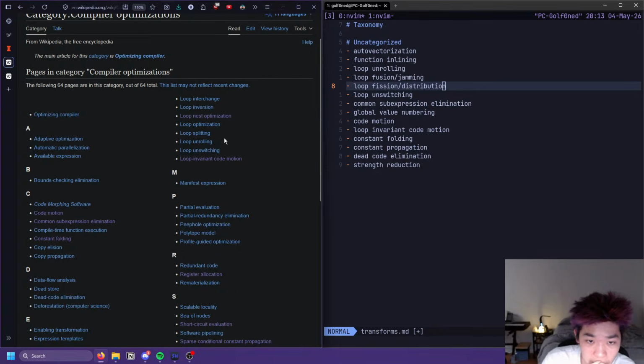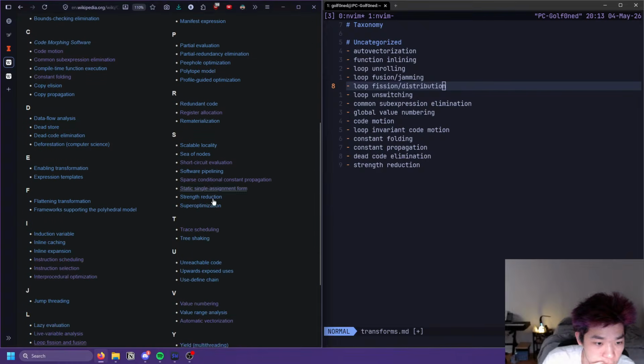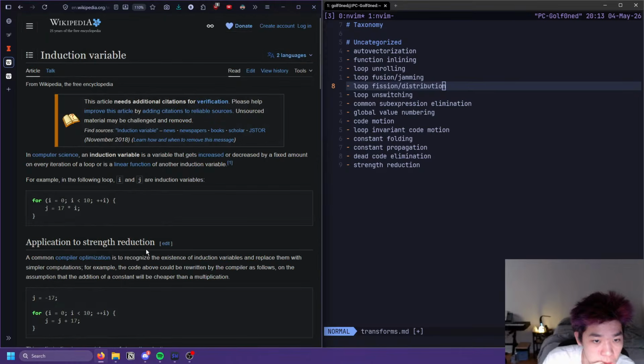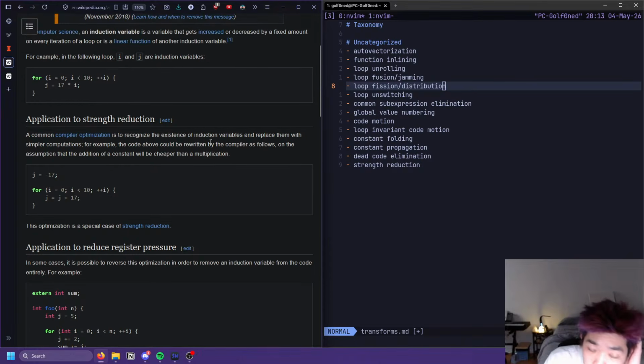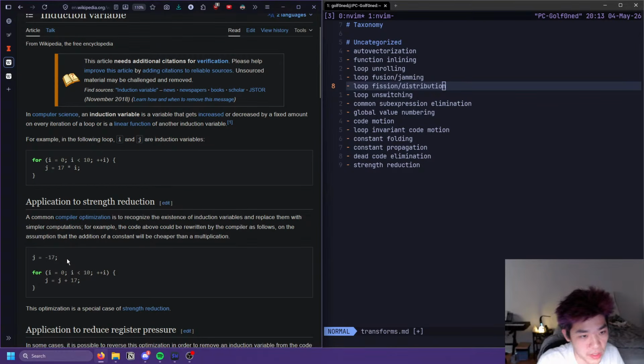What was I looking at again? Induction variable? Okay, yeah. Code above could be rewritten as this.